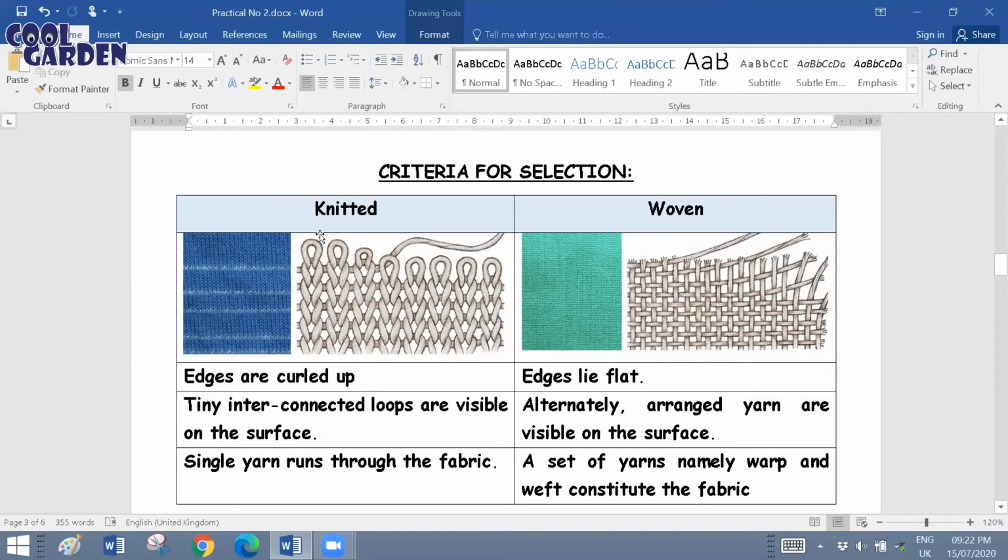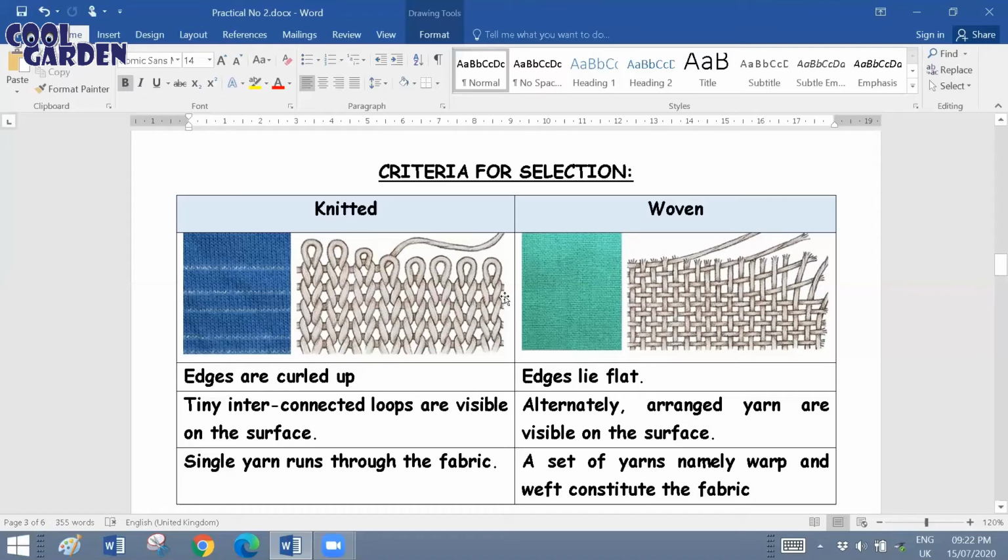So it's just a single string of yarn, and using that we are going to knit the fabric. When it comes to woven, you'll have strips, or you can say yarns, arranged in a way that you can wrap and weft consecutively. See how it goes in and out. So you have these yarns which need to be arranged in a way that you can actually weave it.